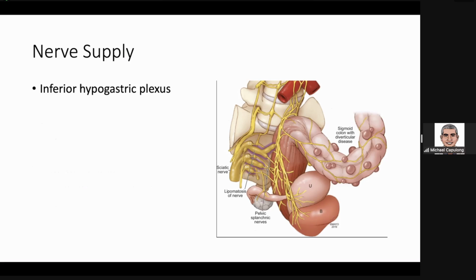Now, what about the nerve supply? Nerve supply will be coming from your sympathetic and parasympathetic nerves, and the origin of this would be from the inferior hypogastric plexuses that supply the sigmoid colon.